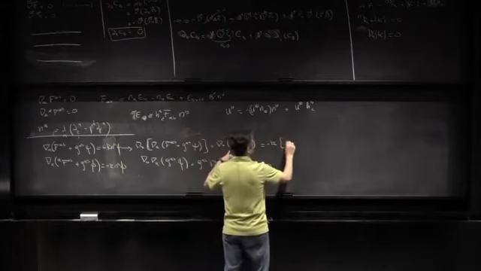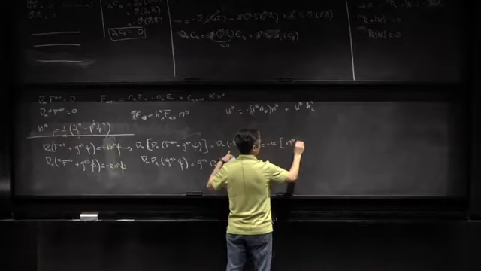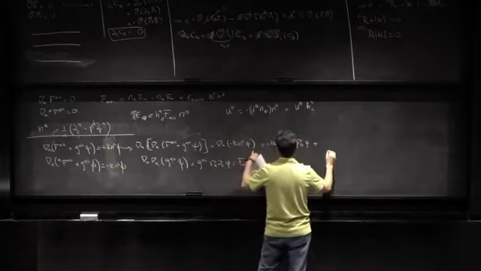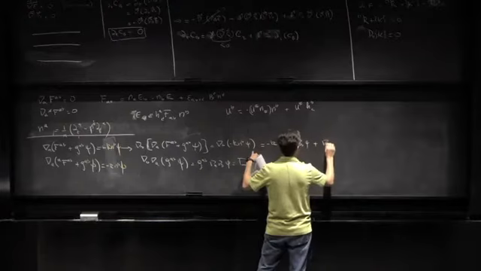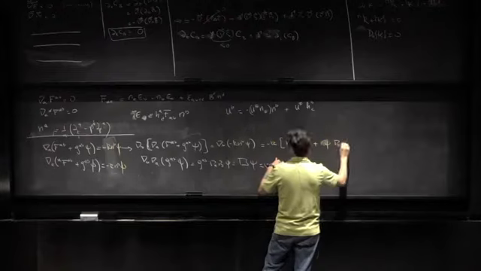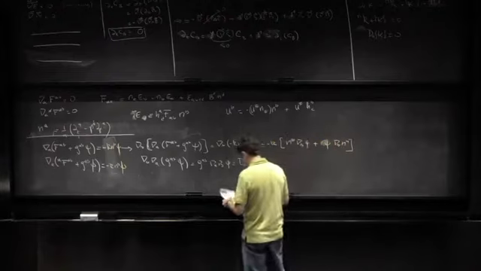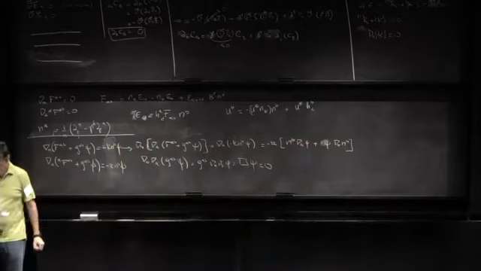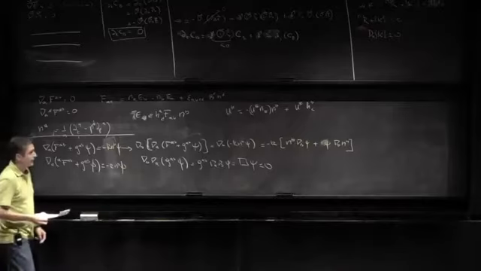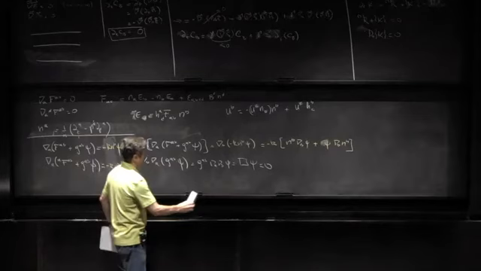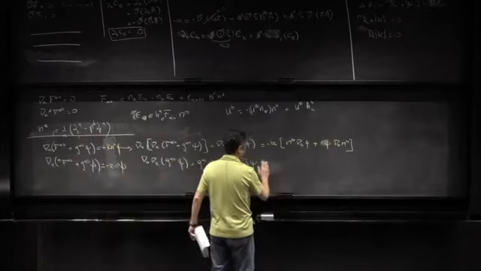So this will be nb grad b of phi. So now this equation changes, and it's just this one.